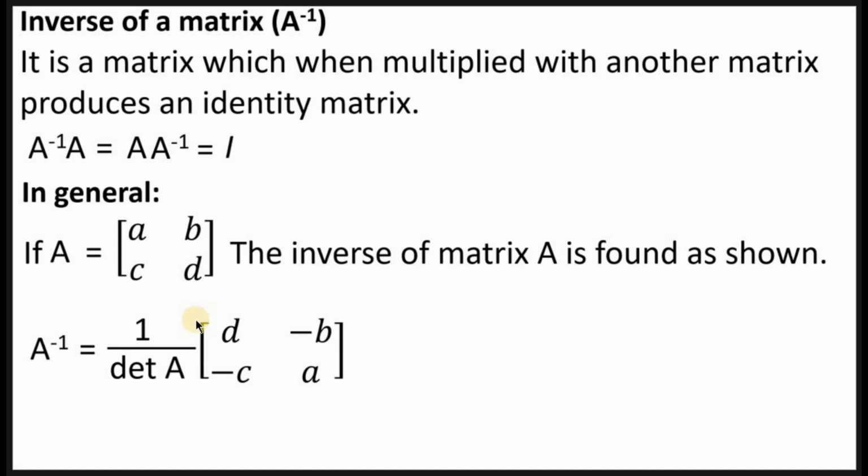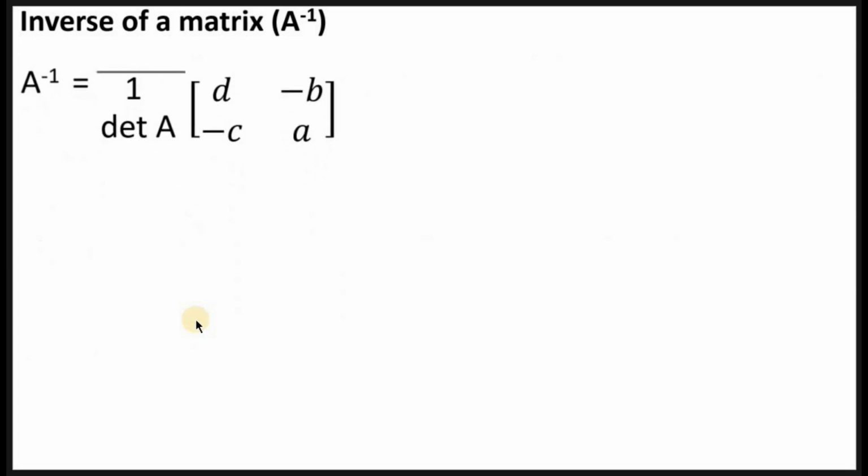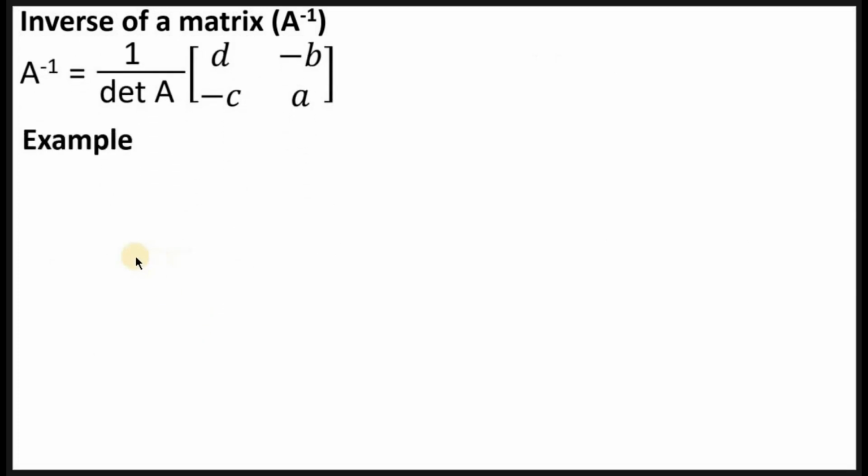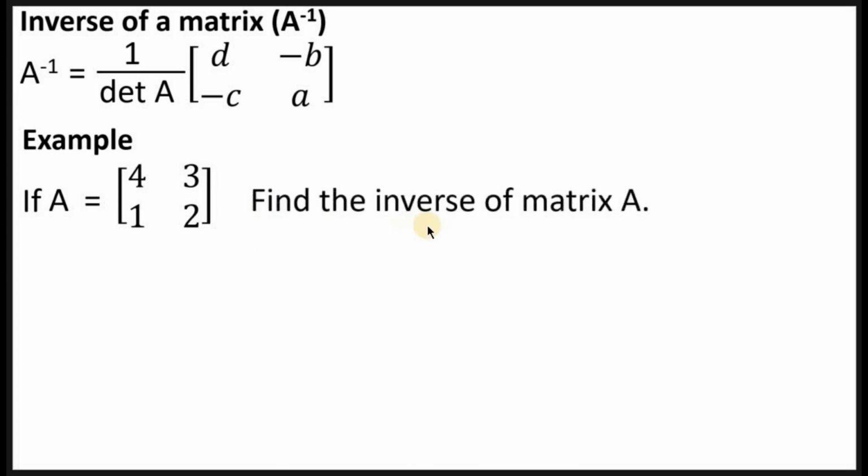So let's give you an example of this situation. If A is equal to this matrix here, then the question says find the inverse of matrix A. So the solution will be like this. The inverse of matrix A is equal to 1 over the determinant of this matrix first, which is 4 times 2 minus 1 times 3.